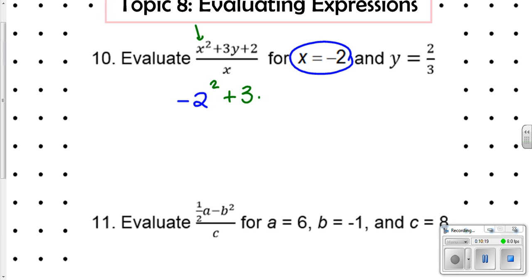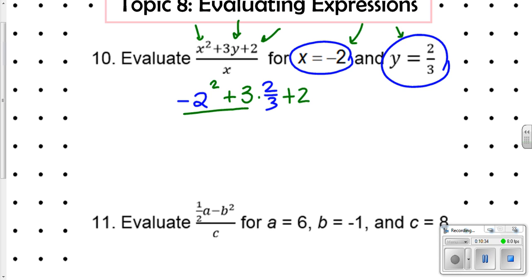Well, I look over here and I see that y is 2/3. I'm going to go ahead and plug that in. Then I move on to +2. So again, everything I'm writing in green is coming from this right here. Everything I'm writing in blue comes from these over here. Okay, all over x.